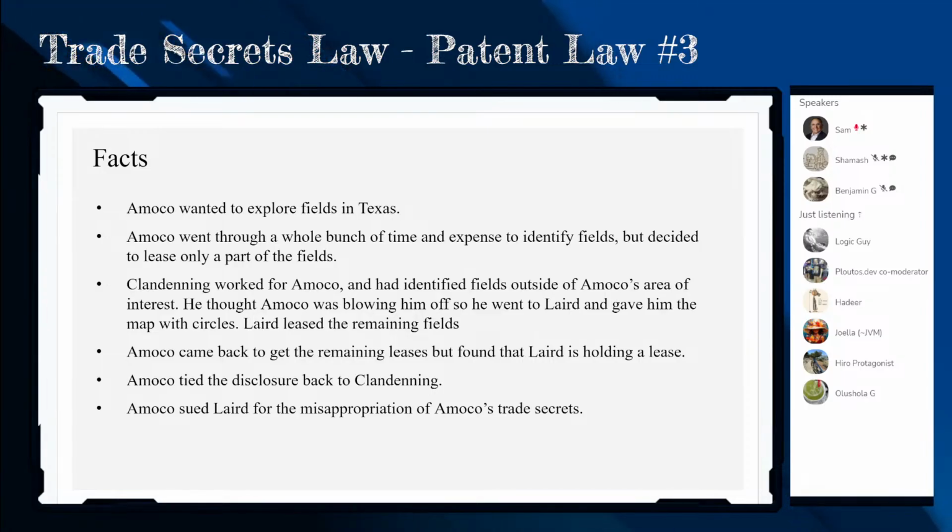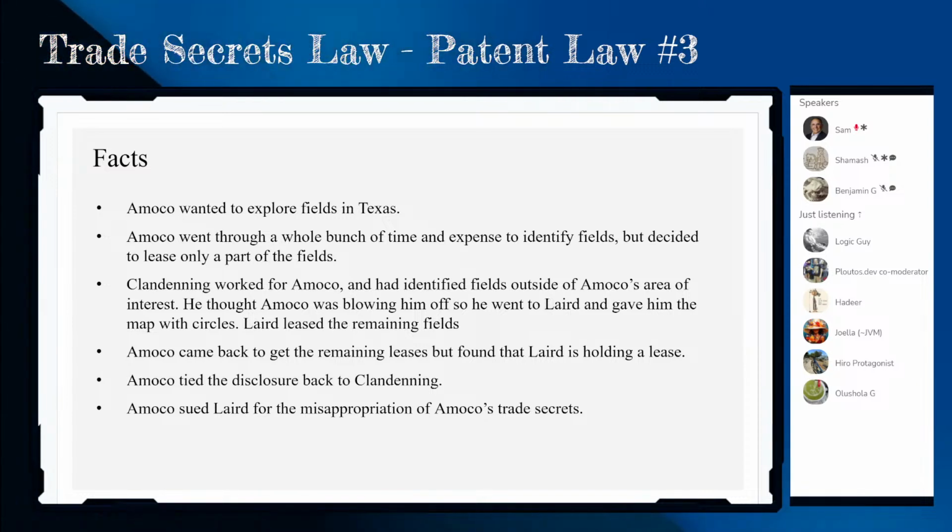They decided that they weren't in a position to exploit all of those fields. They just wanted to exploit part of them, and so they leased only a part of those fields and left the rest untouched.